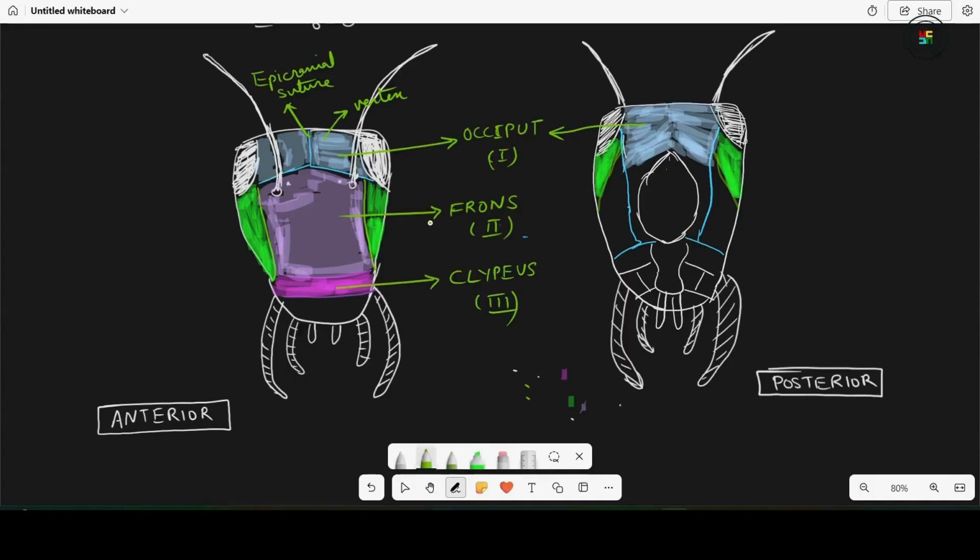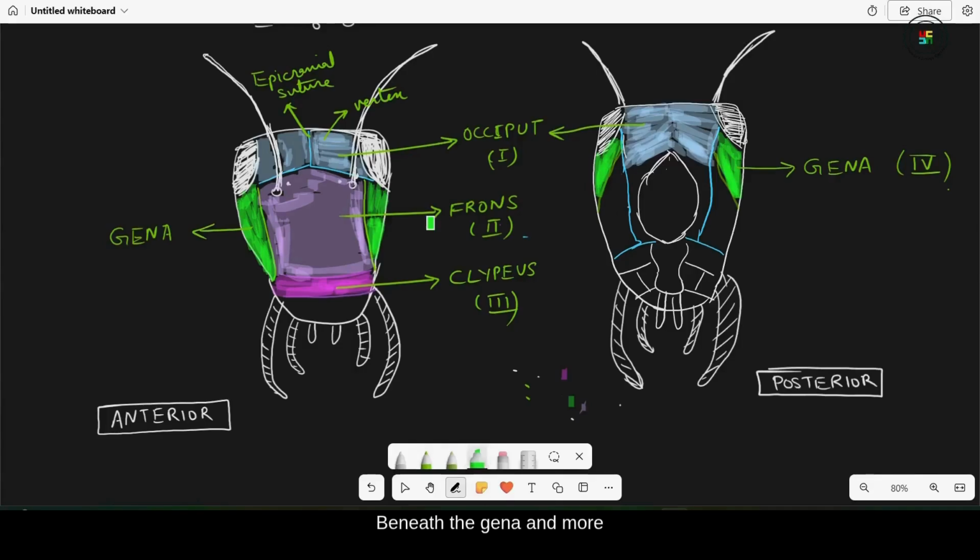This is the gena. So it is coming from the lateral side and partways going towards the posterior side. So this is the fourth cephalic sclerite.